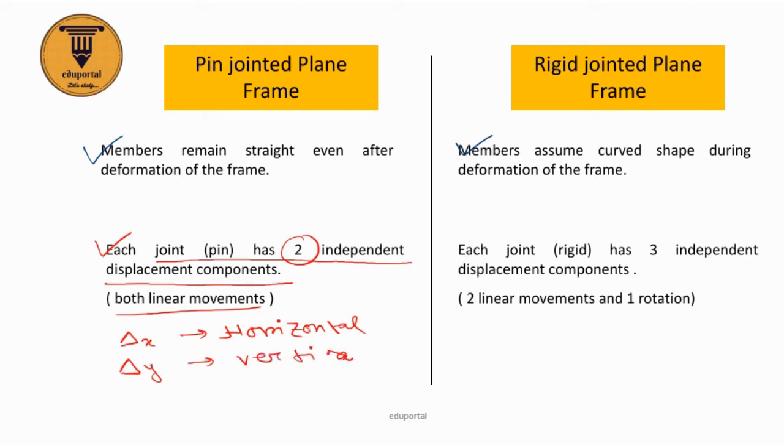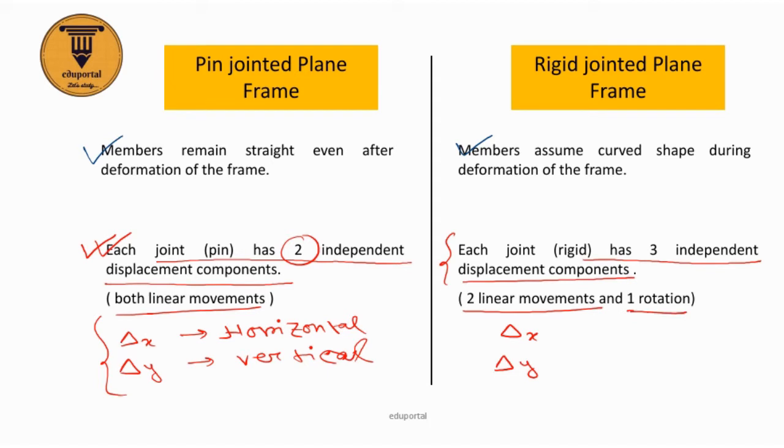But in case of a rigid jointed plane frame, each joint has three independent displacement components: two linear movements, del x and del y, and one rotation, theta. It is one of the most important differences between these two. Here it has two, here it has three.